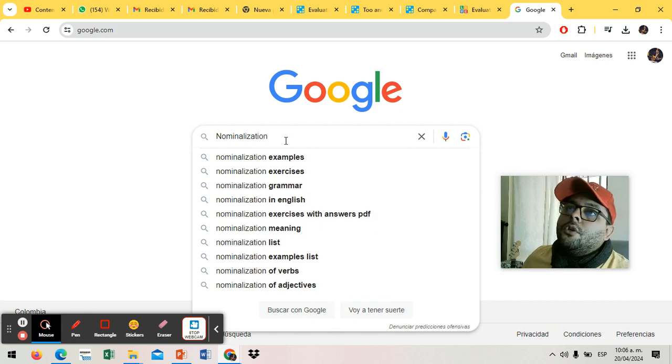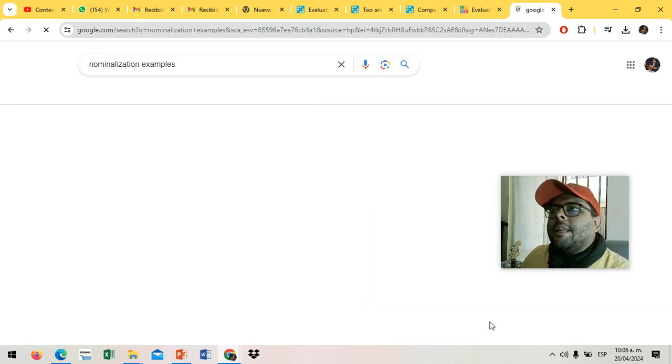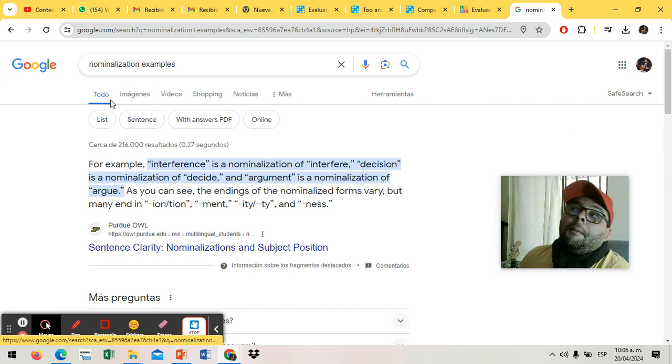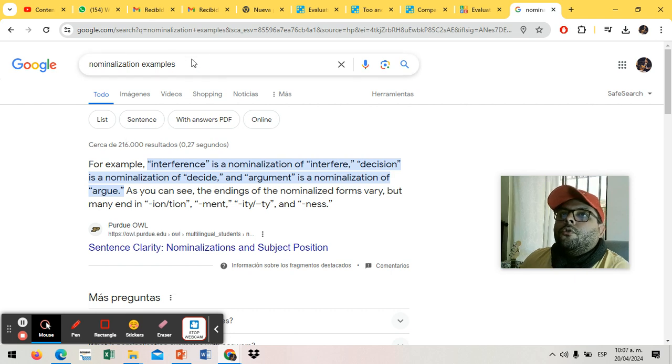It's a good idea for you guys to start getting examples of what nominalization is, which is the phenomenon of making, for example, adjectives become nouns. So in that case, we have nominalization and we also have denominalization. You can start checking these samples in order for you to know what I mean.